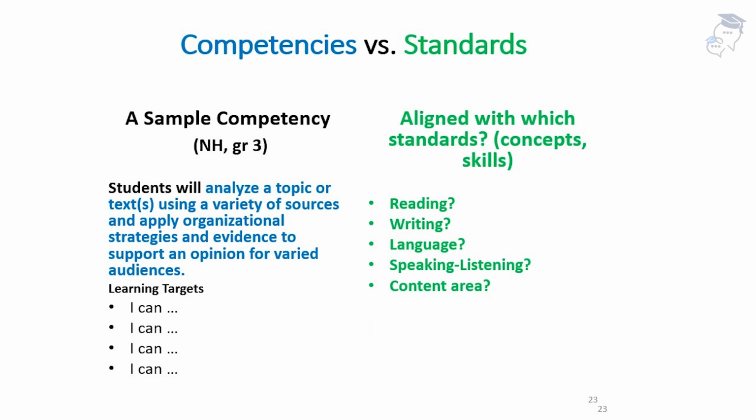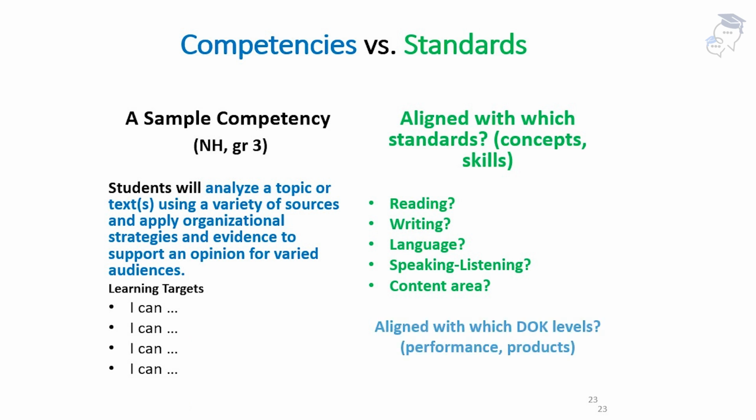I worked with New Hampshire to develop what they call model competencies. Schools have the option of using them or modifying them in some way, but they model the idea of a large standard broken into a large competency broken down by alignment with different standards. Are there standards in different content areas that would actually align?